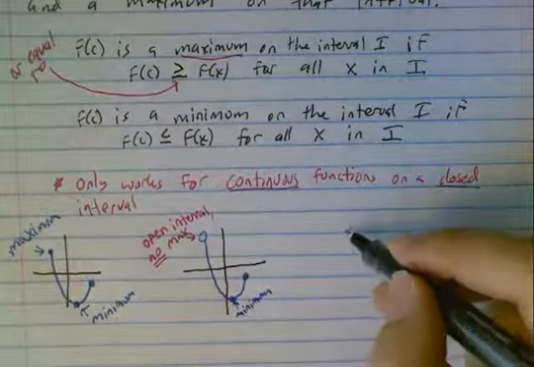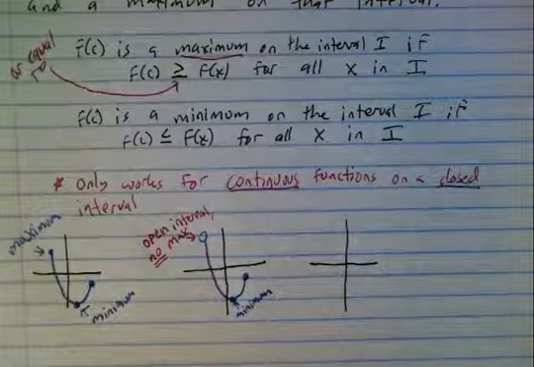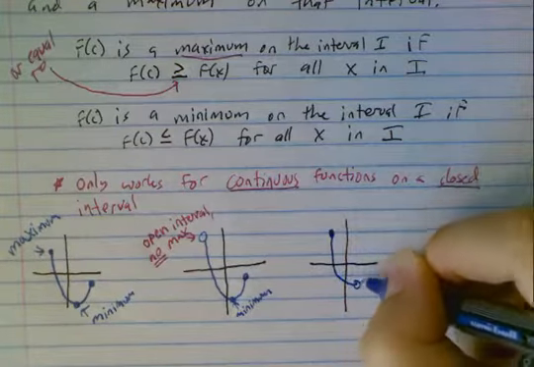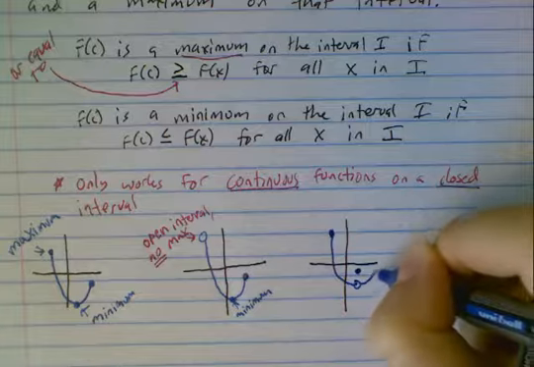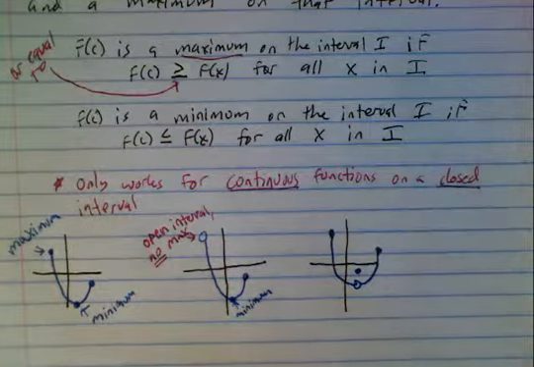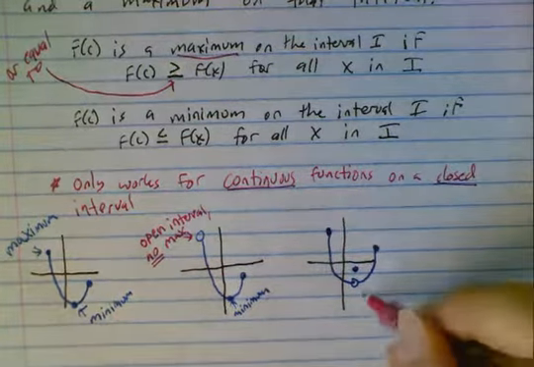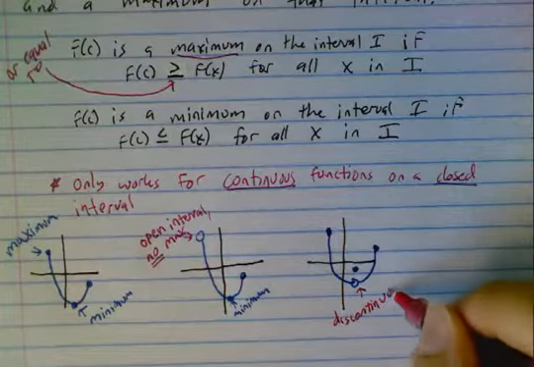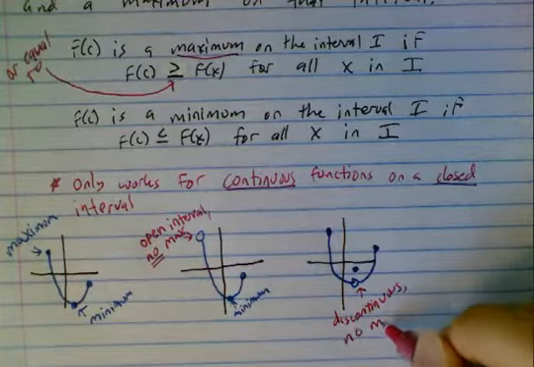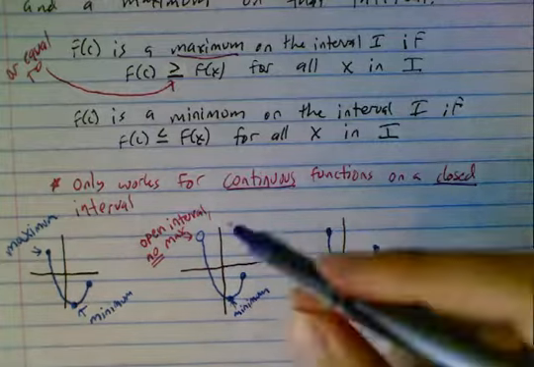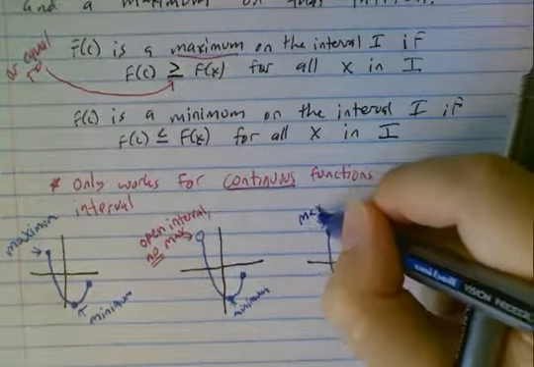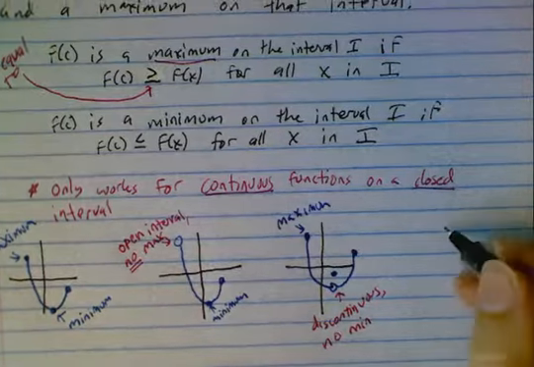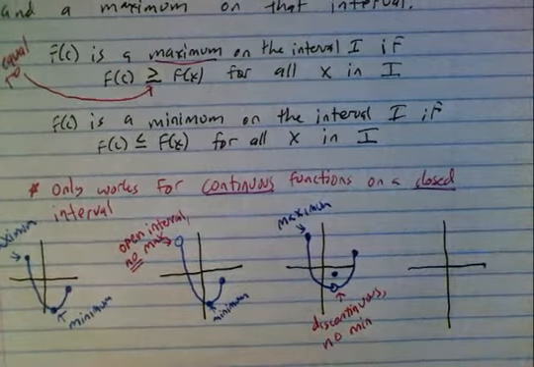Continuity also matters. Here our maximum is back, but let's say we have an open circle there. Discontinuous, no minimum. Still have the maximum up here though. There's also one that might be a little bit counterintuitive.